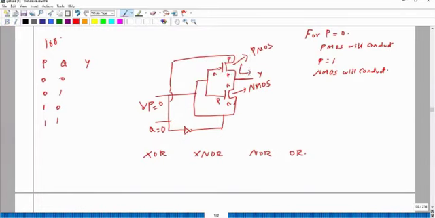So you'll get AB, and AB into C you will get ABC, and C into B you will get BC, and AB you are XORing with CB, right? So what is Y? Y is equal to now ABC XOR AB XOR CB.